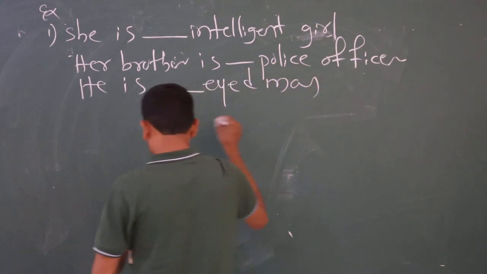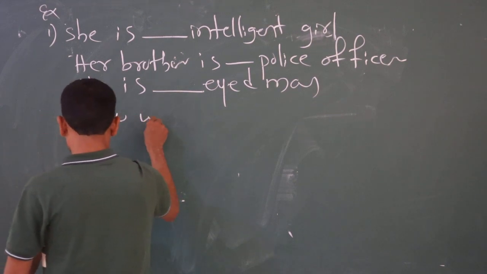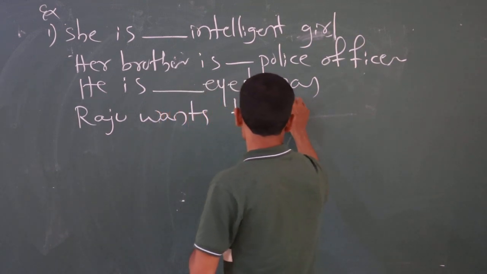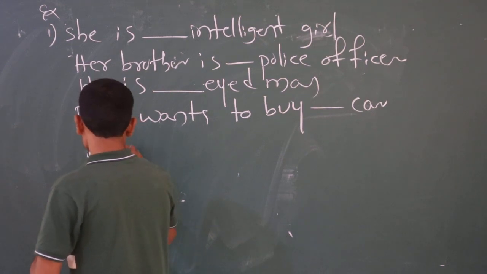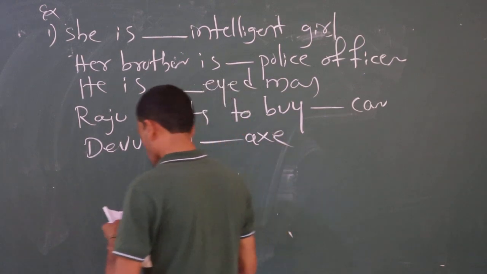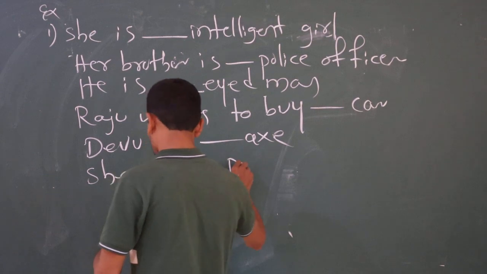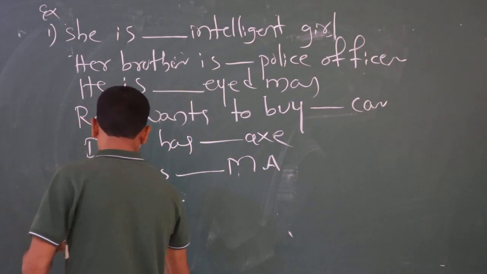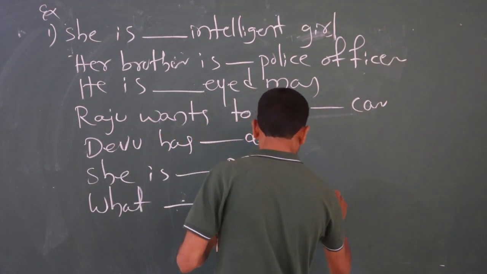And next one, Raju wants to buy dash car, and Dev has dash X, and she is dash MA, and what dash interesting movie.